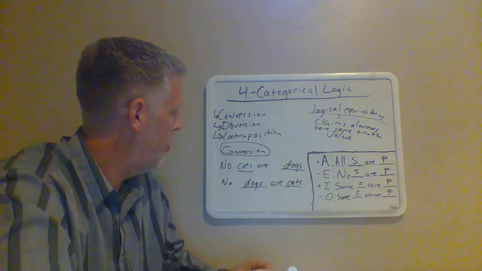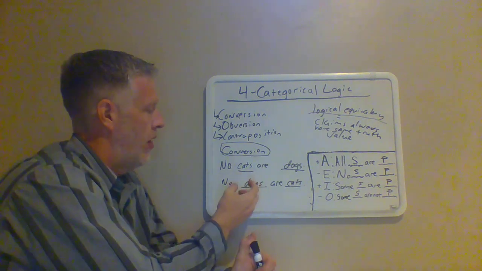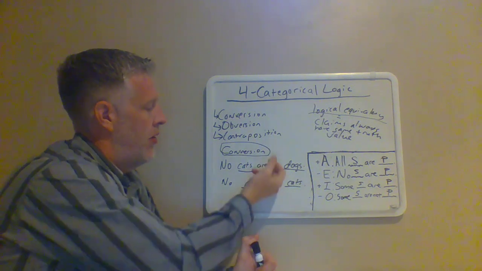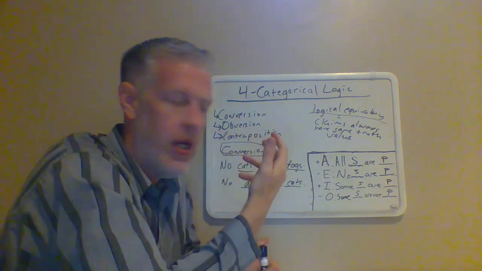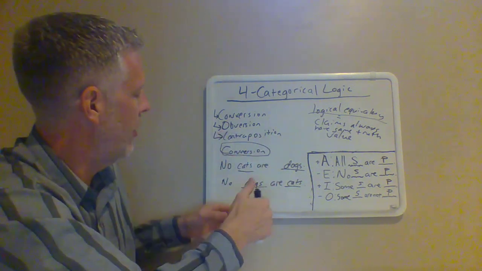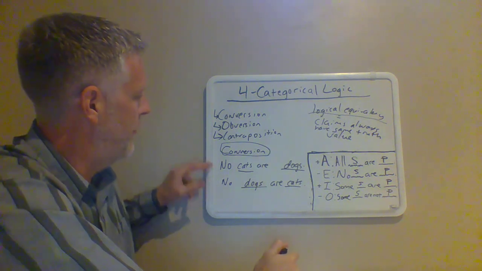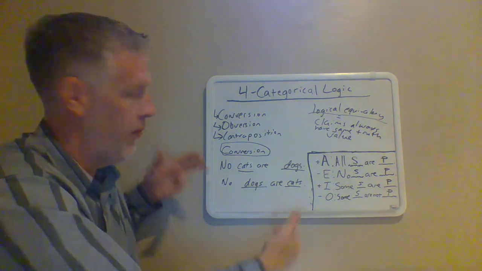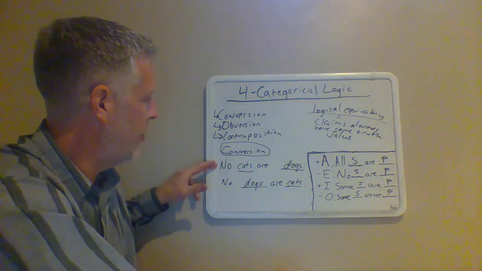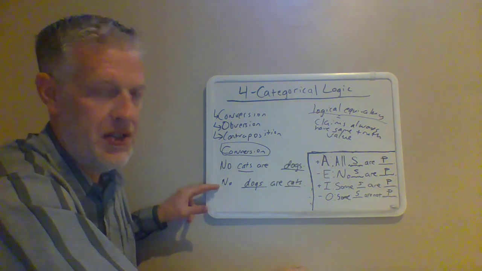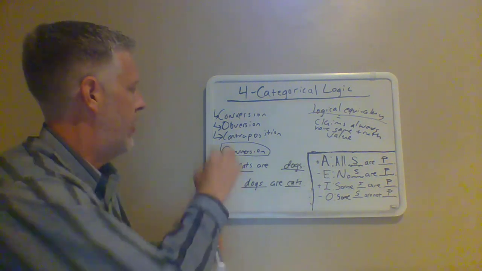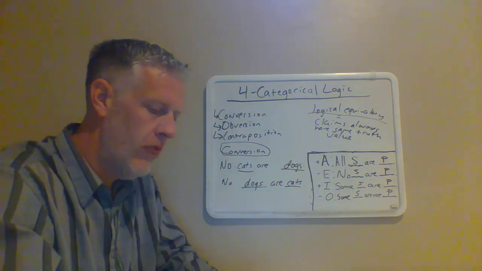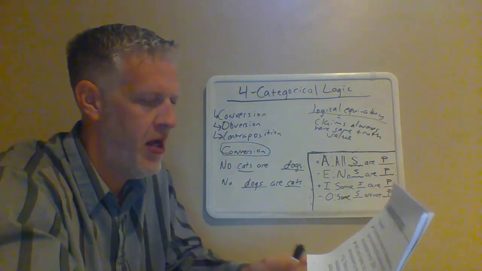And that is, lo and behold, logically equivalent, right? They mean the same thing, logically speaking. If this is true, this is going to be true. If this is false, this is going to be false. And we know it really is the case that no cats are dogs, hence no dogs are cats.